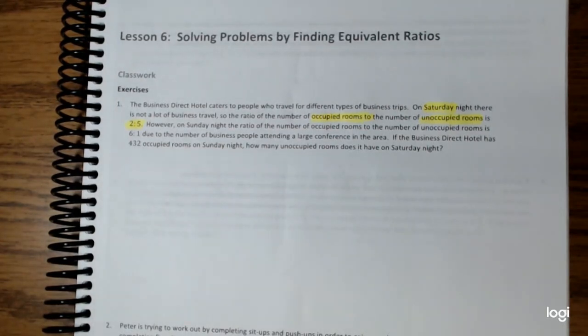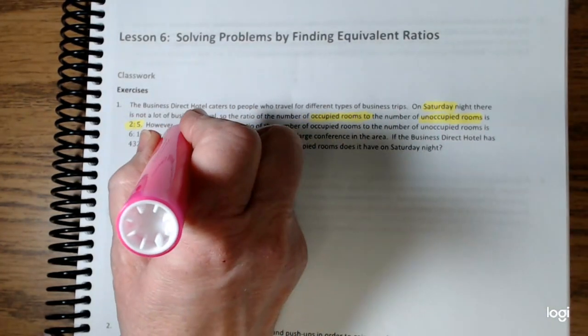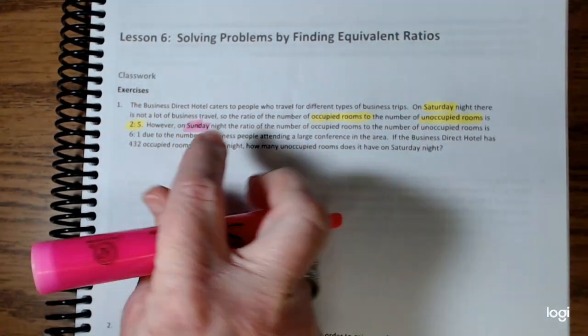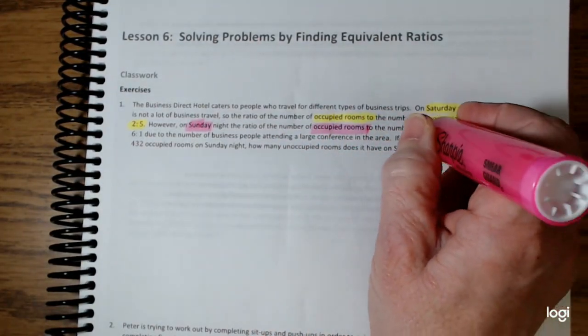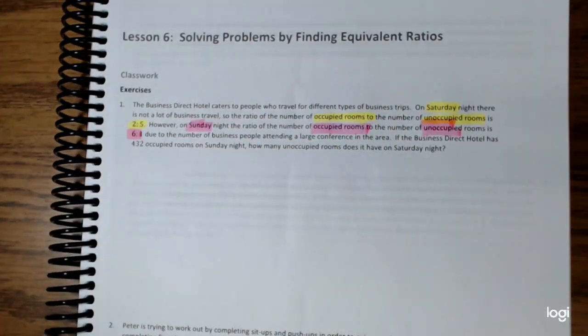Let's continue reading. However, on Sunday night, the ratio of the number of occupied rooms to the number of unoccupied rooms is 6 to 1 due to the number of business people attending a large conference in the area. So I have a different color. Sunday, the ratio changes. I'm still doing occupied to unoccupied, but this time it is 6 to 1.